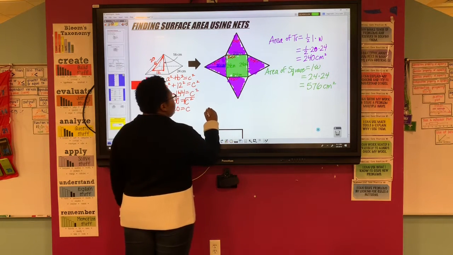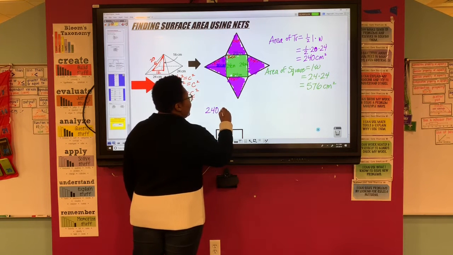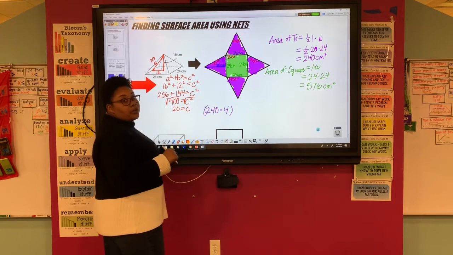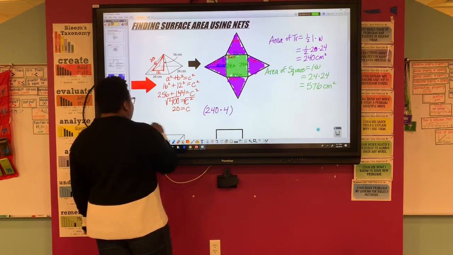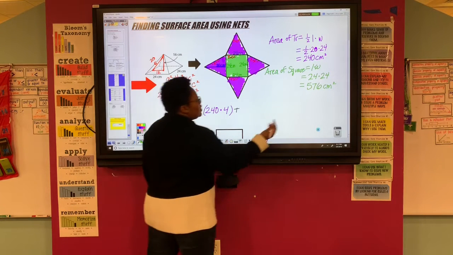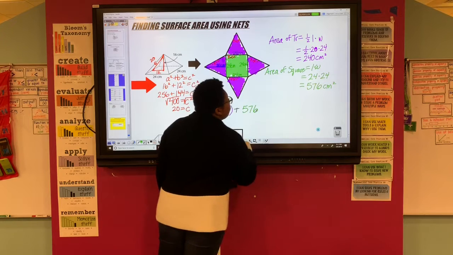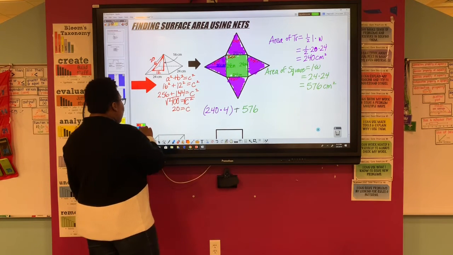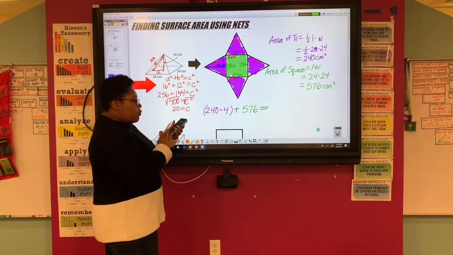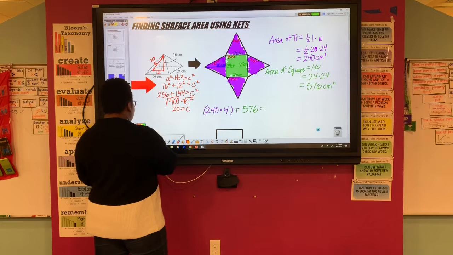So here I'm going to do 240 times 4 because there are 4 congruent triangles here. Going to add plus the area of my base, which is a square, 576. In our calculators, remember PEMDAS, we have to do that multiplication first. So my calculator, I'm doing 240 times 4. I get 960.